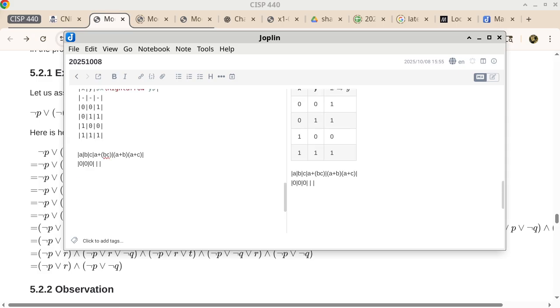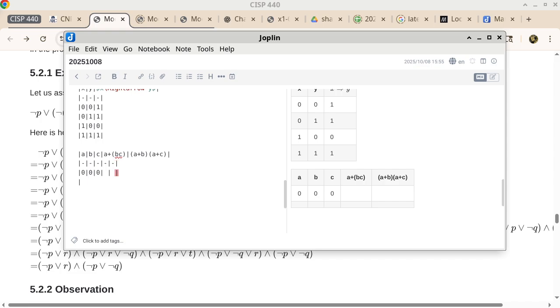Okay, A, B, C, A or B, C, A or B and A or C. Oh, right, yep, you're right. I forgot about the dash. There you go. Thank you.